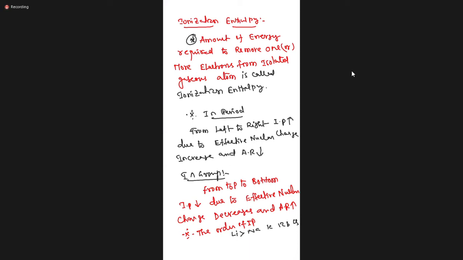Lithium is greater than sodium, sodium is greater than potassium, potassium is greater than rubidium, rubidium is greater than cesium. So in the group, lithium has more IP compared with cesium. Cesium has the lowest IP. Ionization enthalpy. Is it correct? Yes, sir.